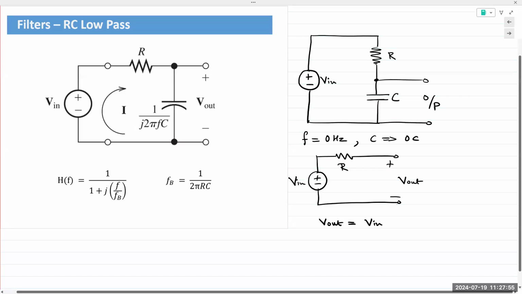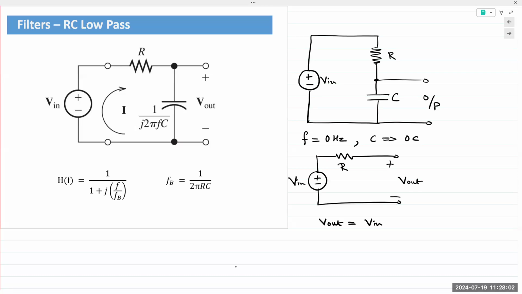So at low frequencies, we are able to collect output. Let's take a pause. If you have low frequencies coming in at the input terminals, the capacitor behaves like an open circuit, and we are able to obtain V out across that capacitor.